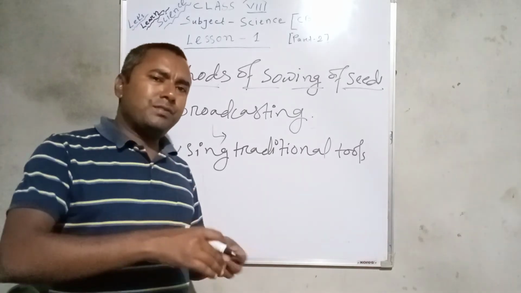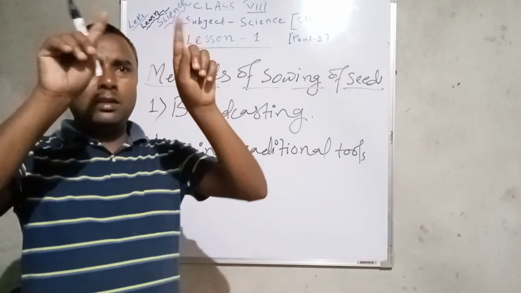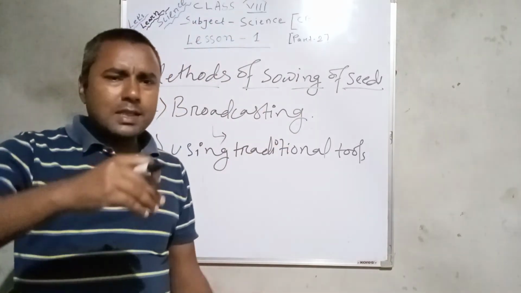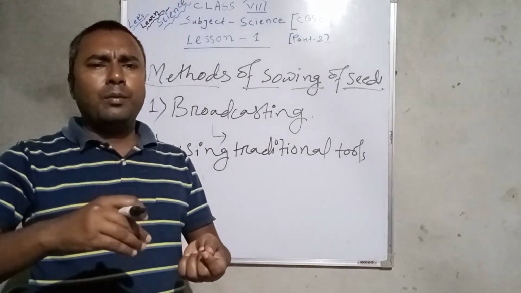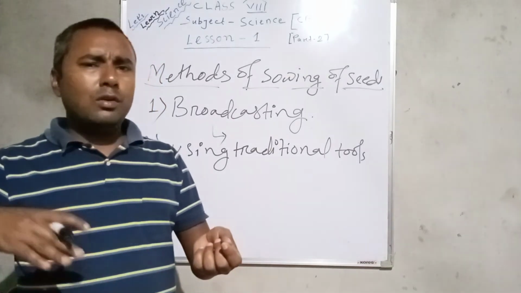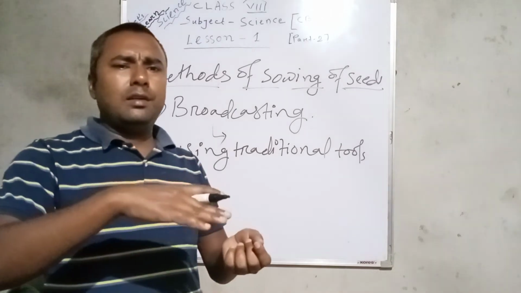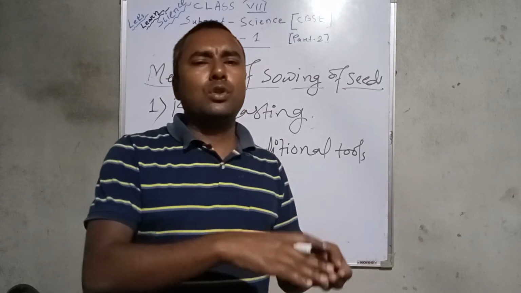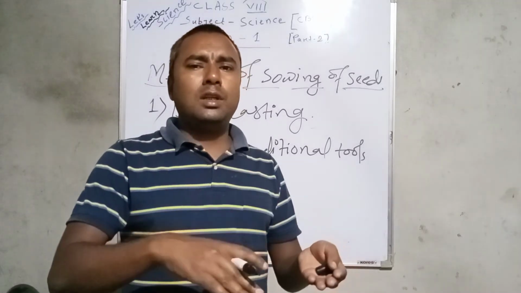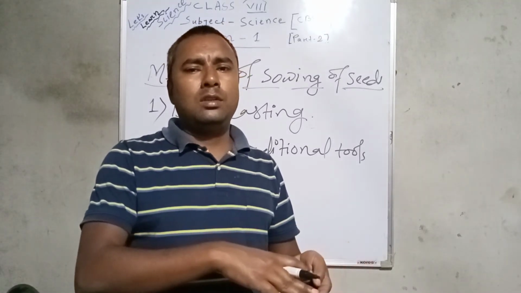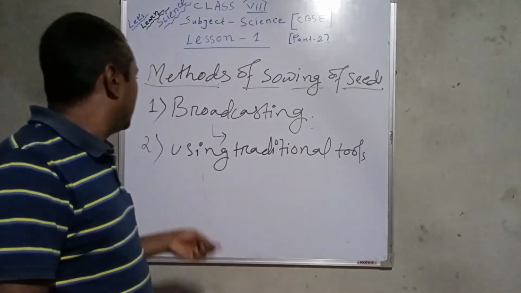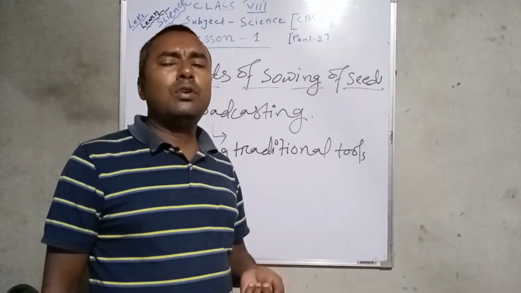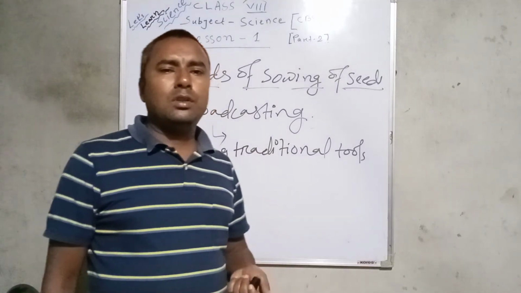And seeds are kept in the funnel, and as it is connected with the plough, when the plough is moved ahead, cutting through the soil, the seeds are also deposited in the soil. This is how, using traditional tools, seeds are sown in the prepared soil.